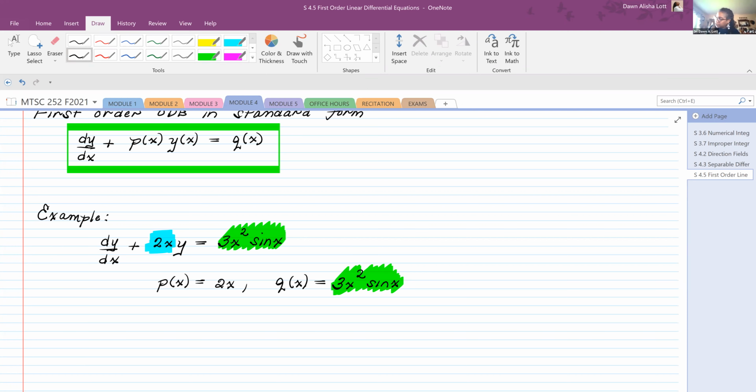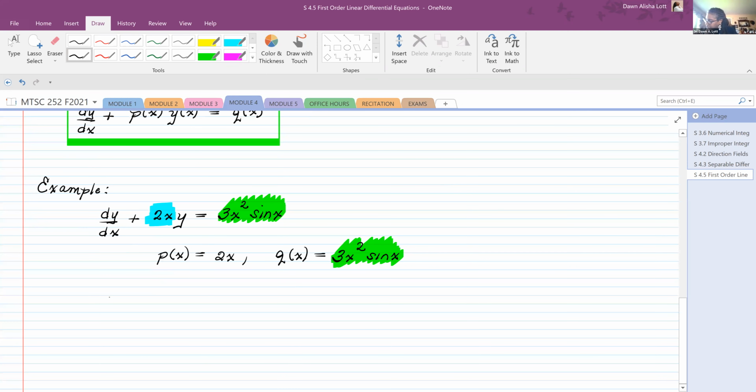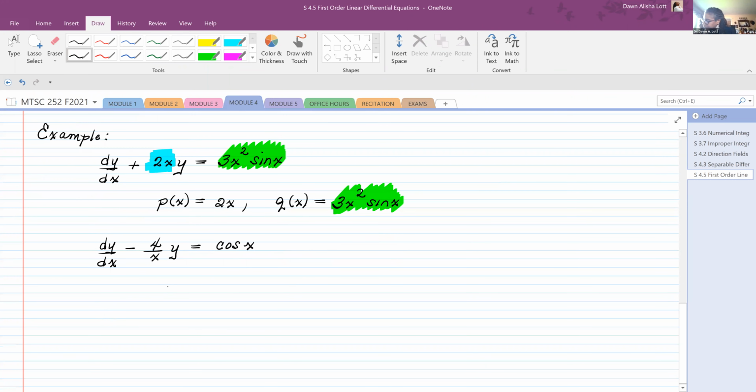Okay, another example, dy/dx minus 4 over x times y is equal to cosine of x. All right, so now p of x is minus 4 over x.